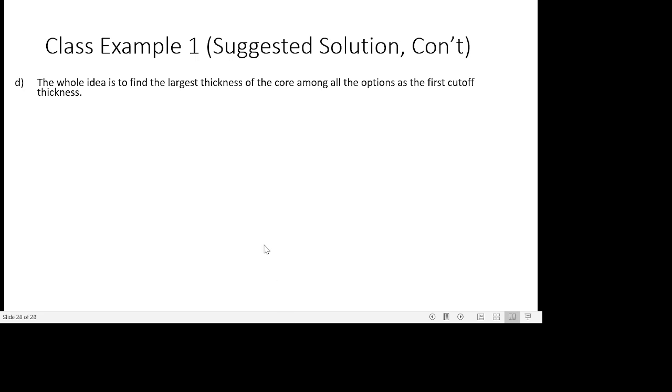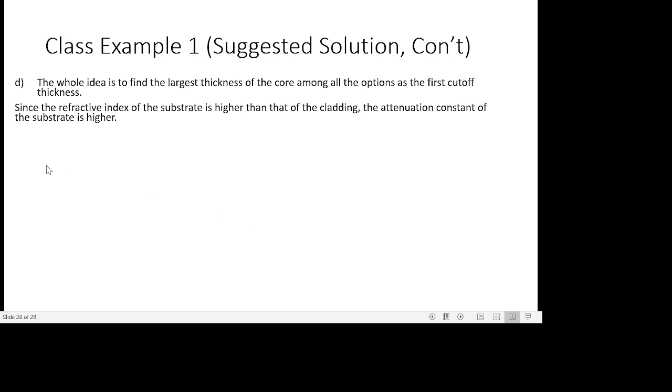So let's establish the condition first. The higher the refractive index, or the higher the k number, and the higher the attenuation constant, we are going to get the first cutoff.